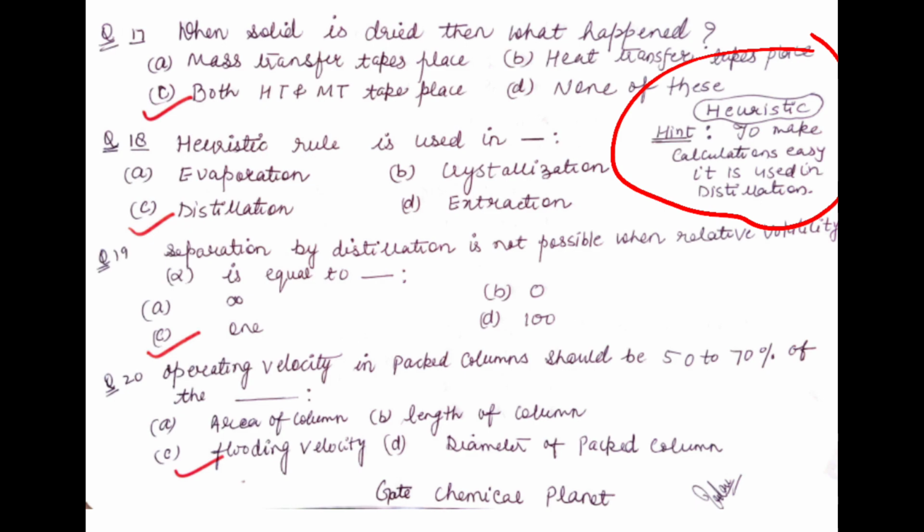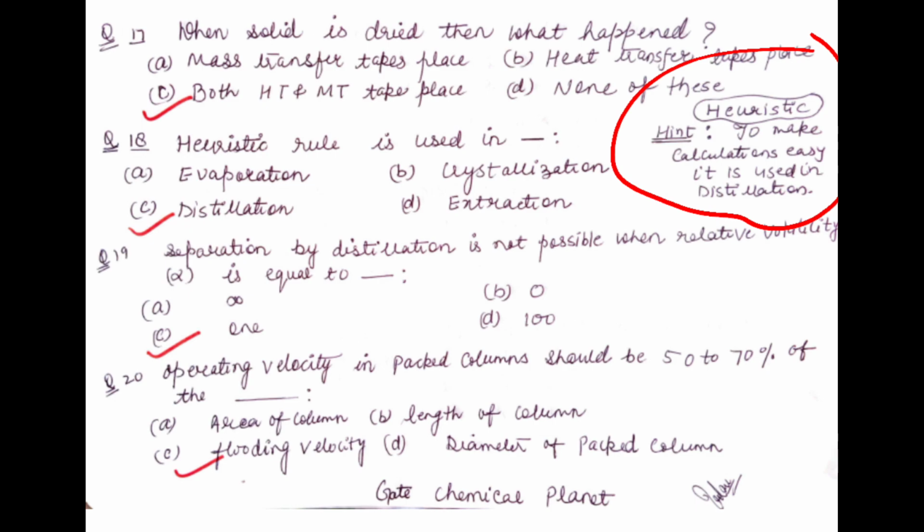Okay, so now we will move on to question 19. Separation by distillation is not possible when relative volatility alpha is equal to. So the question asks what is the value of relative volatility alpha when separation by distillation is not possible.